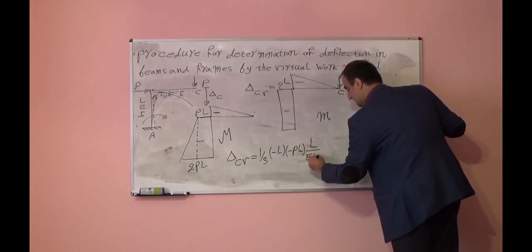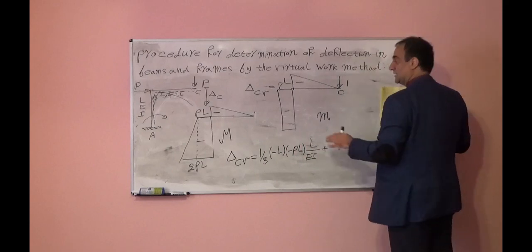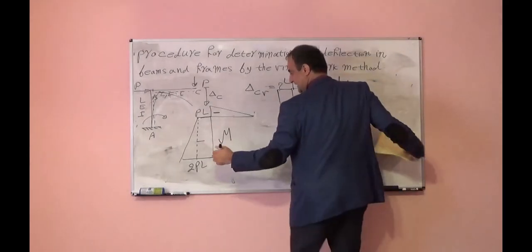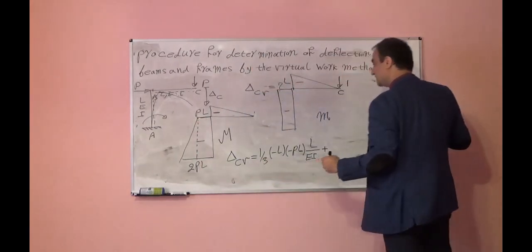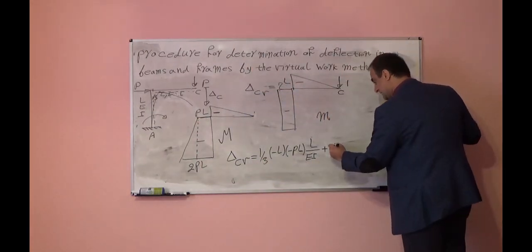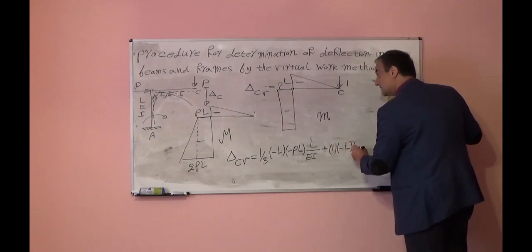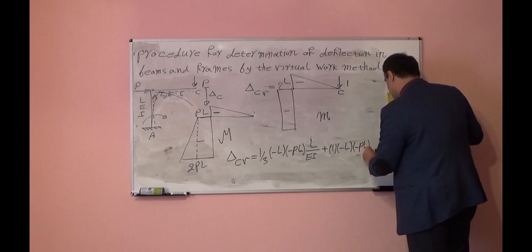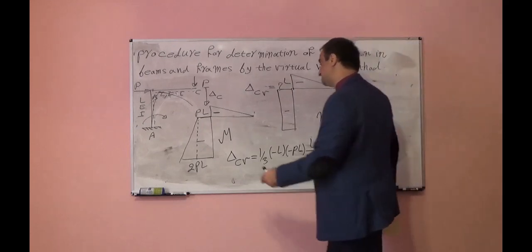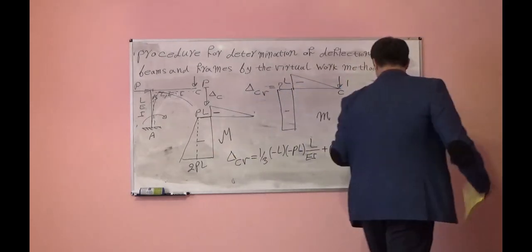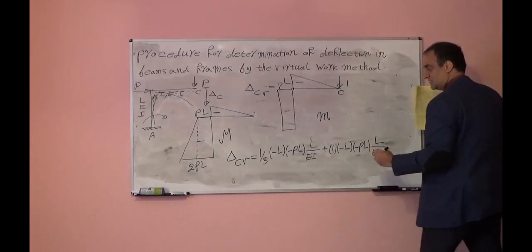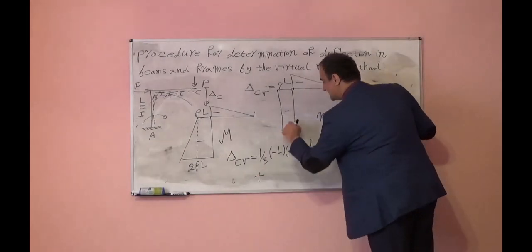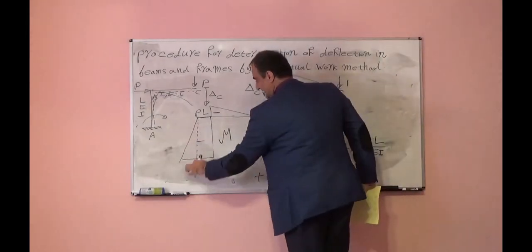divided by EI, plus this rectangular to this rectangular. This rectangular height is PL, and the coefficient for two rectangulars is 1. So plus 1 times minus L times minus PL times the length L, divided by EI, plus this rectangular to this triangle.